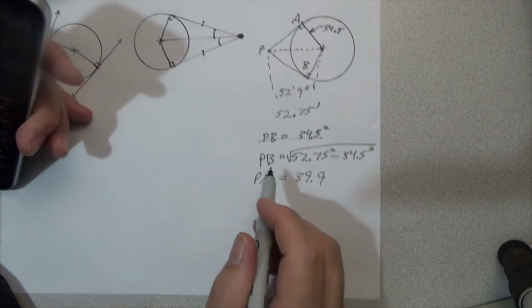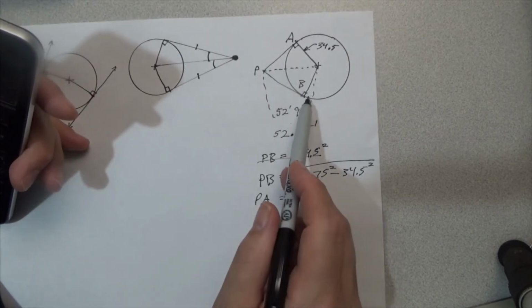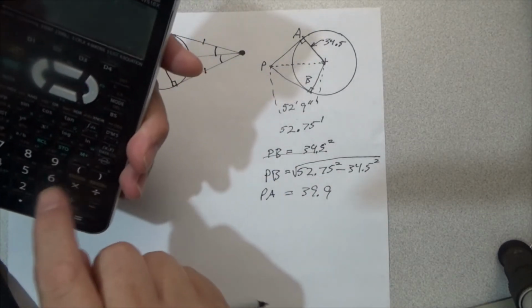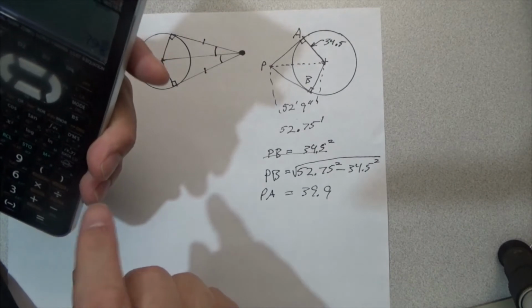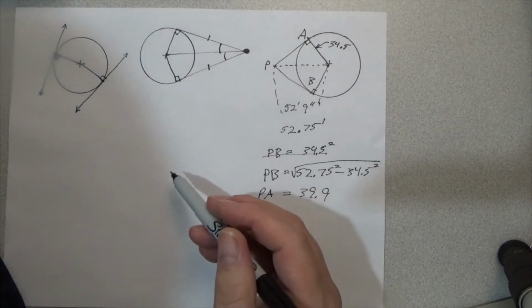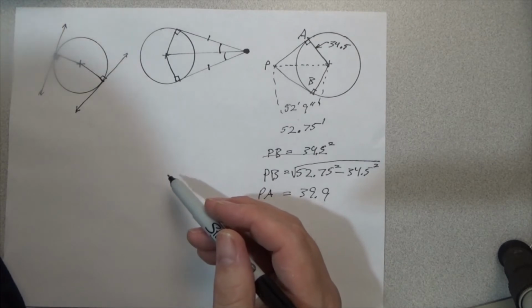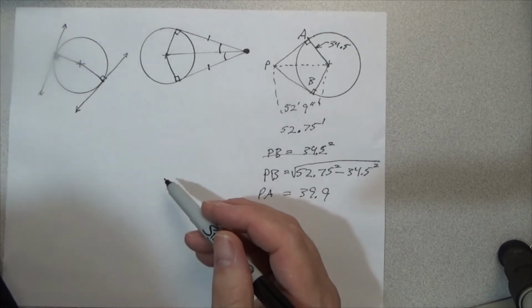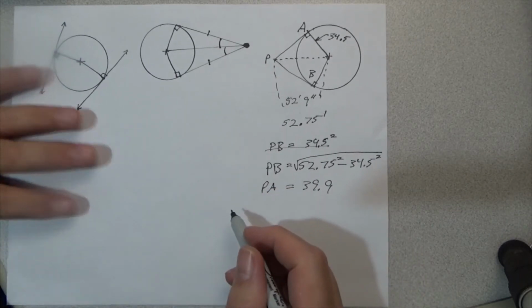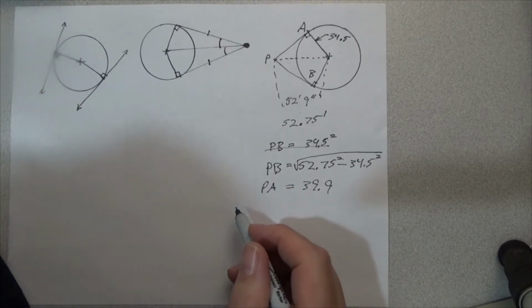But they want to know the distance all the way from this point to that one. So 39.9 times 2. Probably could have just done that one in my head. 79.8 feet. Ta-da! That one was fun.